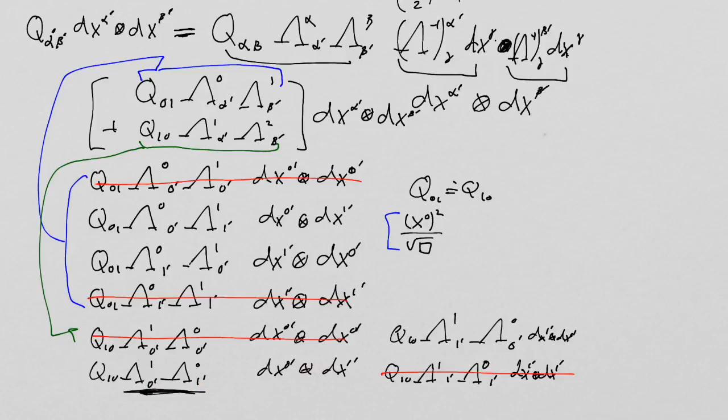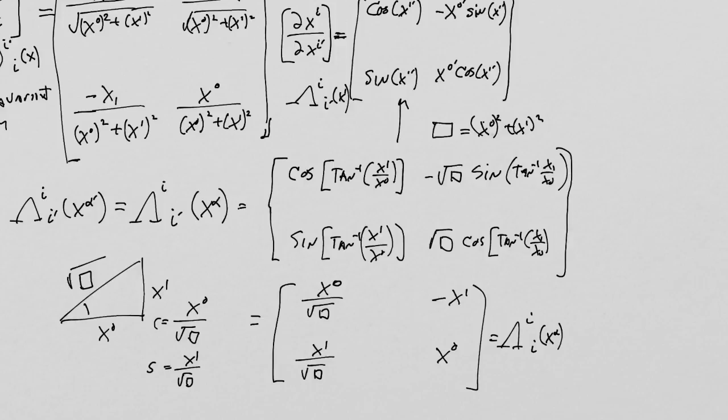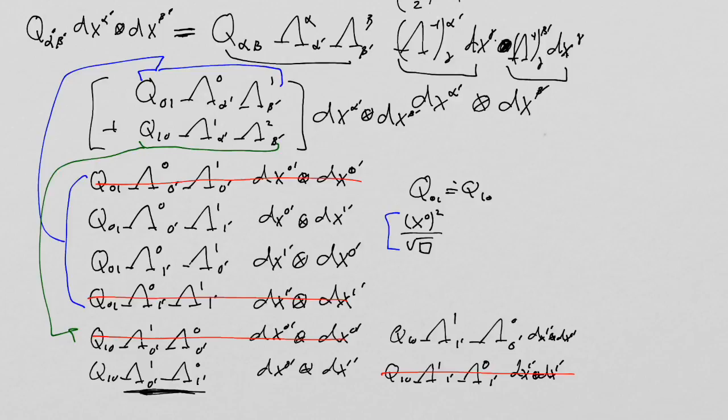It's for the same basis vector as this one. So the 1, 0 prime for the 0, 1 prime. Let's see if I can remember. So the 1, 0 prime is this, and the 0, 1 prime is this. So that's minus x1 squared over root box, right? So it's minus x1 squared over root box.